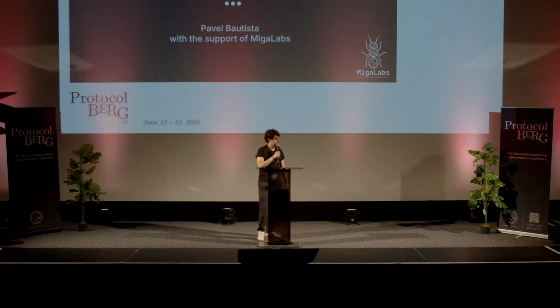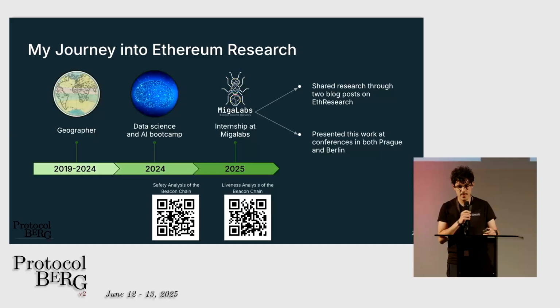So, hi everyone, my name is Pavel Bautista. I'm here to share the work I did in collaboration with Miguel Labs. I started working six years ago as a geographer, and then last year I decided to do a data science and AI bootcamp.